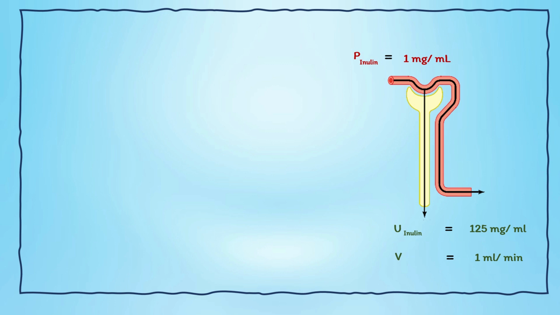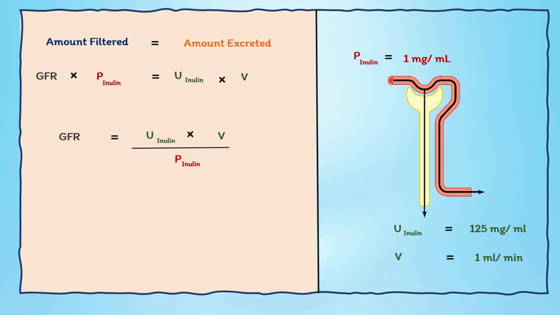Putting the values in the equation, inulin clearance is calculated as the urine excretion rate of inulin divided by the plasma concentration, which yields a value of 125 milliliter per minute. Thus, 125 milliliters of plasma flowing through the kidneys must be filtered to deliver the inulin that appears in the urine.